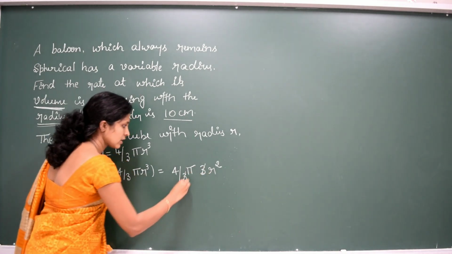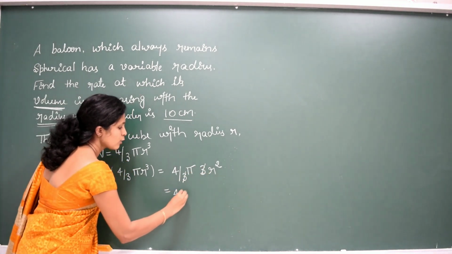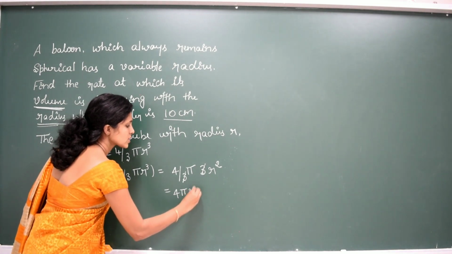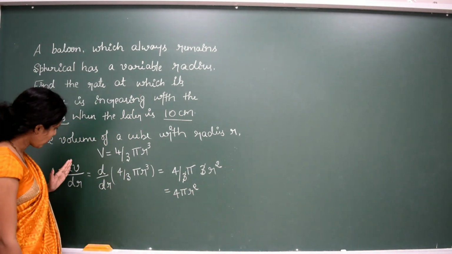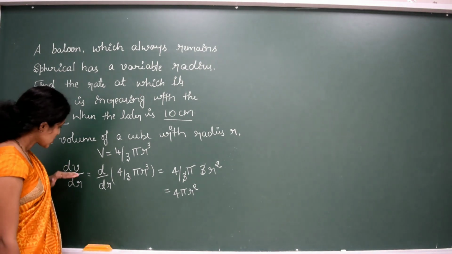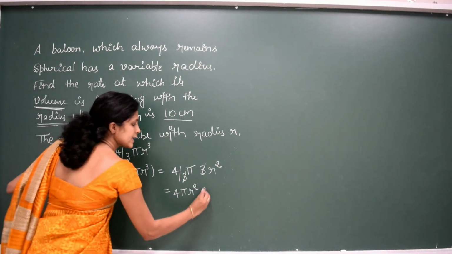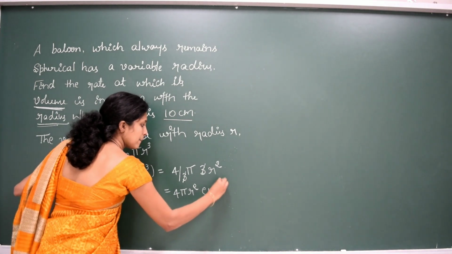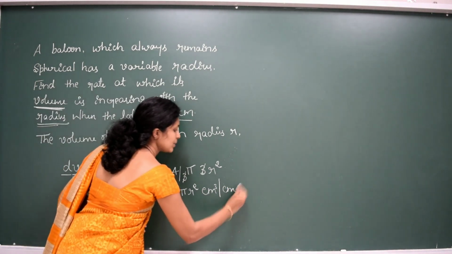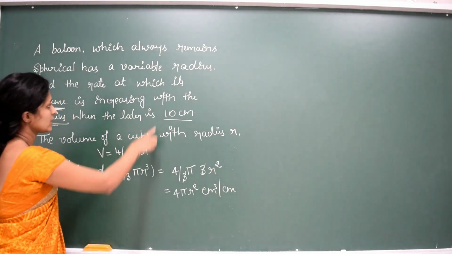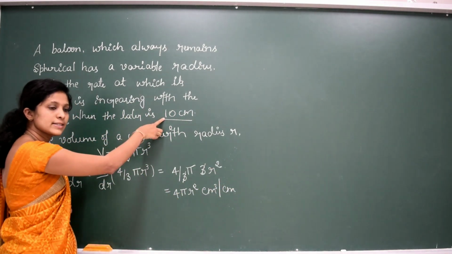So here 3 and 3 will get cancelled, so this is equal to 4 pi r square, right? 4 pi r square. Now you have to write the unit volume with respect to radius. So unit for volume will be centimeter cube per radius will be in the form of centimeter, right? Centimeter cube per centimeter.